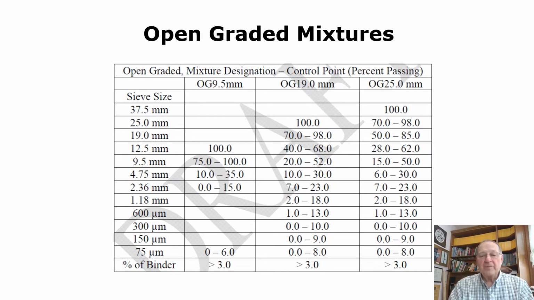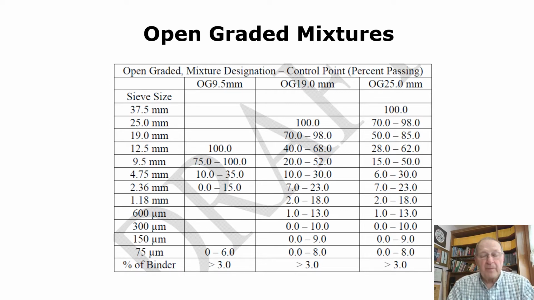For open graded mixes, we have a minimum and a maximum on most of the sieves. For the open graded 9.5, there are no requirements on the sieves that are below the 2.36 until you get all the way down to the 75 micron sieve. Also, asphalt content is specified.